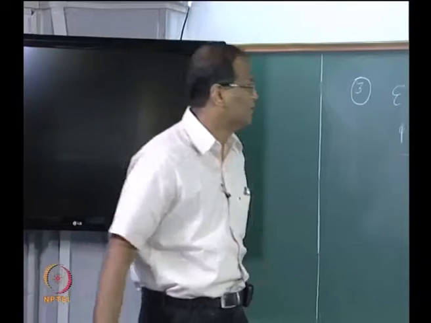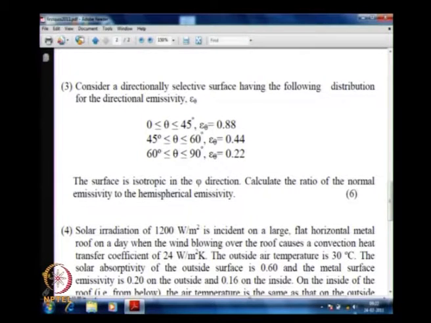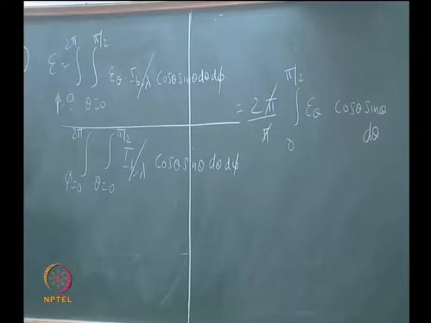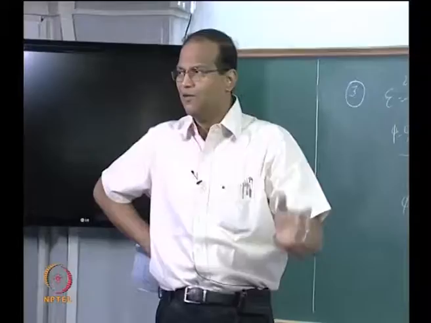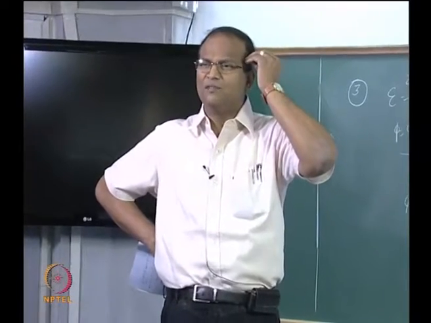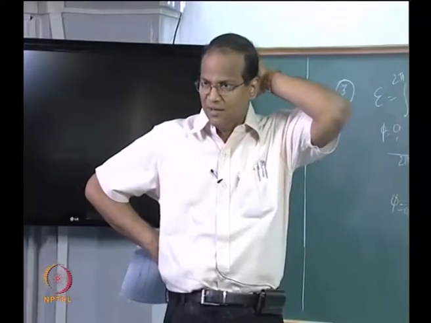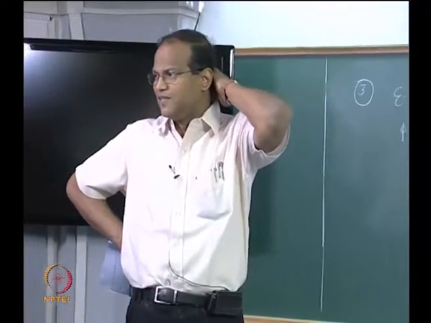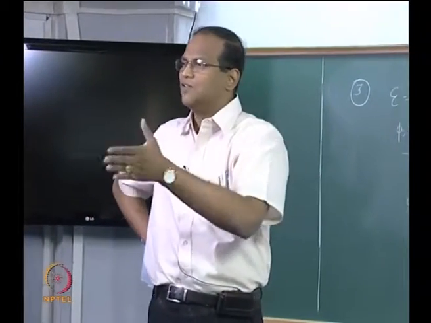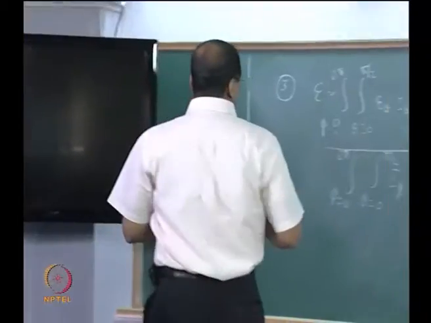I gave you that the surface is isotropic in the phi direction, that is there is no change in this direction. We can give one more dependence, we can say that epsilon is a function of phi also, then we can make things complicated, but that will be basically an academic exercise. Very few surfaces have dependence on both zenith and azimuthal angles. Okay, so this is like this.